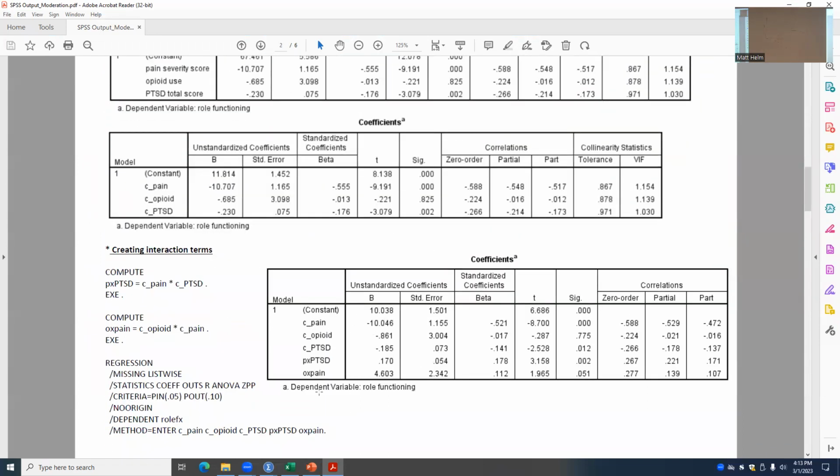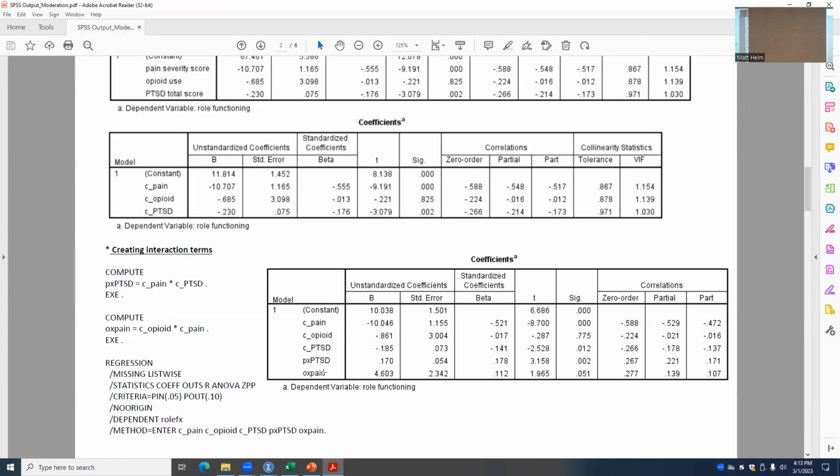Also, remember that once you have your original model, this is your same model for always and forever throughout all of your simple slopes. Your R squared shouldn't change, your F shouldn't change. What you can do is make sure that, okay, I'm interested in probing this interaction of pain and PTSD. I'm using pain as my moderator. PTSD is my conditional effect.